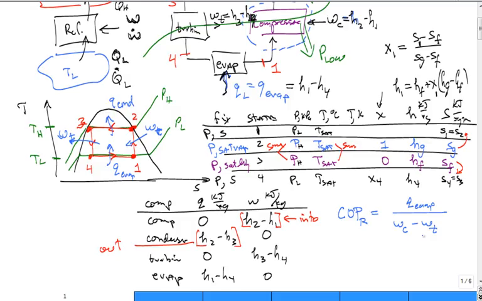Okay, so I know we can play with this a little bit. You can put that this is the QL. Is that work net equal to Q net? Sure. There's a couple of steps. It's done in the previous chapter. I was going to repeat it here. But what you could do is go back and say everything's internally reversible, and the ratio of Q's should turn into a ratio of T's.